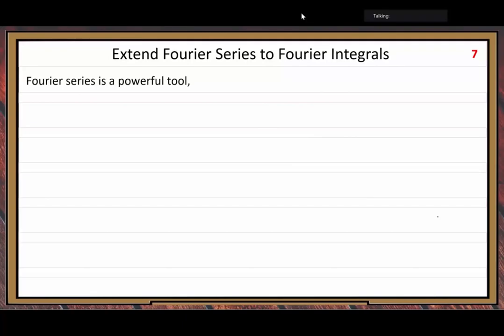Fourier series is a powerful tool, but with limitations. The first one is when we work on a non-periodic function, then we cannot use Fourier series. For a Fourier series, the function f must be periodic, since the modeling functions, sine and cosine, are periodic.